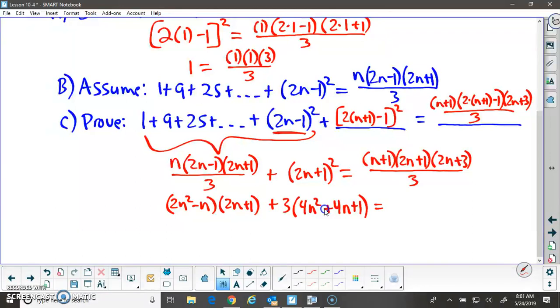And multiplying by 3 over here is going to eliminate that fraction, and if I FOIL the first two, we get 2n squared plus n plus 2n is 3n plus 1. Still got the 2n plus 3. And now, FOILing this gives us 4n to the third.